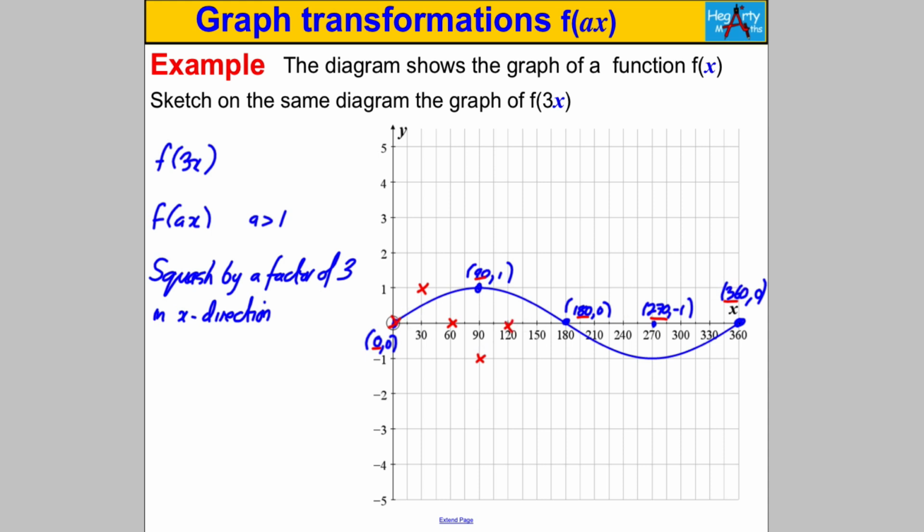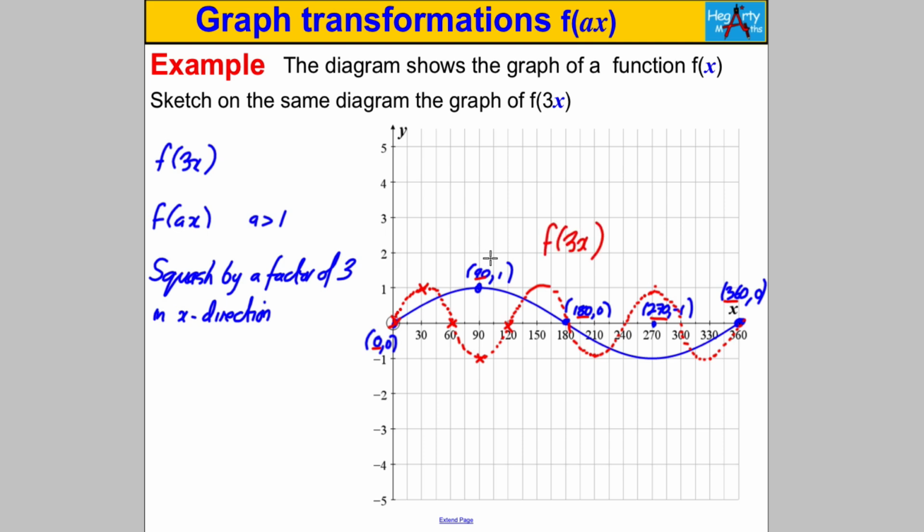Now you can see what's happening here. I'm going to join the dots already with these. You can see that the graph has been squashed by a factor of 3. Now I can continue this on, and I will do. And there we go. That's our attempt at the graph f of 3x.